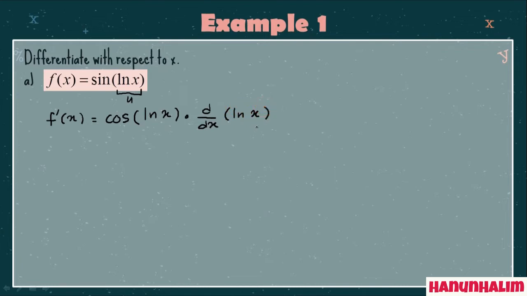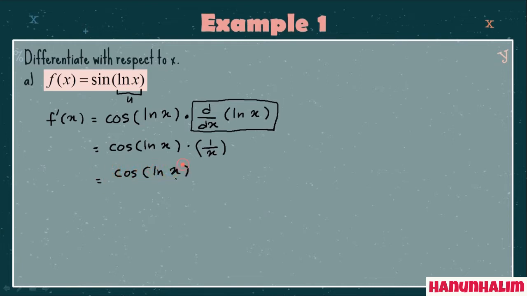Cos bracket times the differentiation of the bracket. Copy cos ln x back, because we have differentiated the outer part, and then we focus on how to differentiate ln x. Differentiating ln x, we get 1 over x, and then simplify.